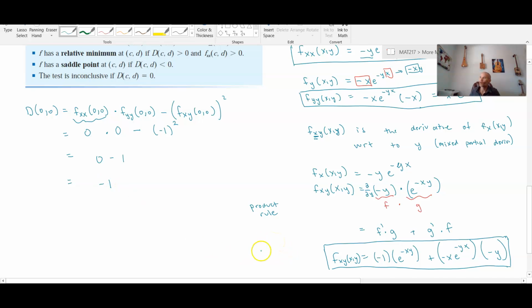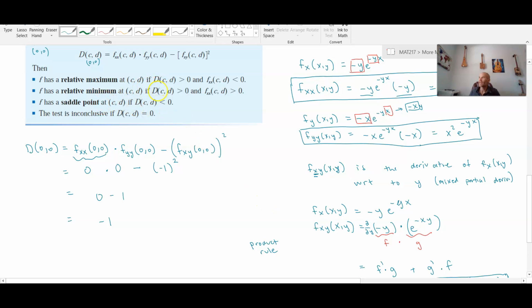Okay, now what do we do with that? Well, first of all, we have to look at the value of D. There are a couple of different conditions here. If the D value is bigger than 0, then we need to check something else. And if D is less than 0, which it is, right?